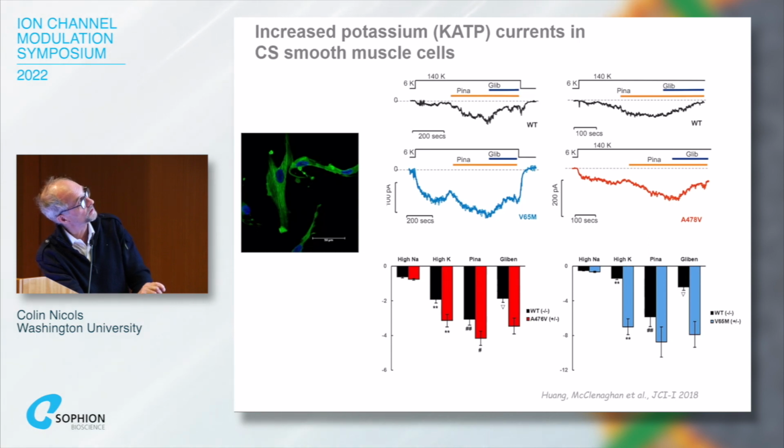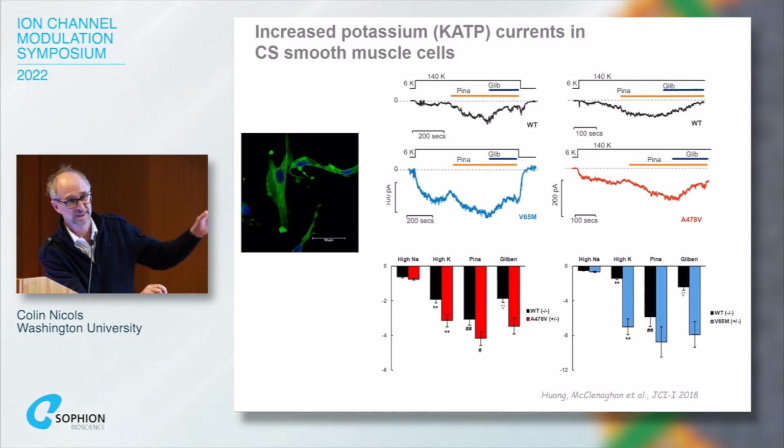These are isolated smooth muscle cells, and these are recordings of KATP currents which show the gain of function that we see, confirming the gain of function in the physiological behavior of the cells. So these are under conditions where we have high K in the pipette, low K initially outside, and hold the cell at minus 70 millivolts. This is for the electrophysiologist.